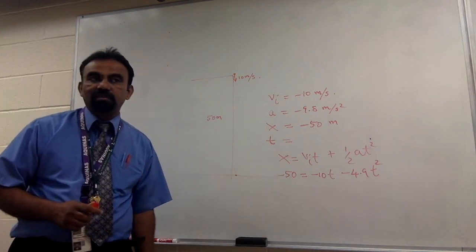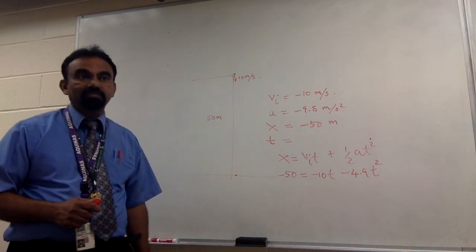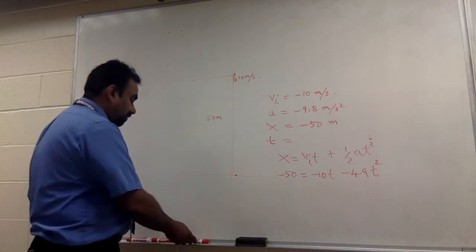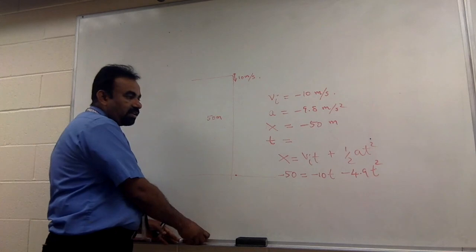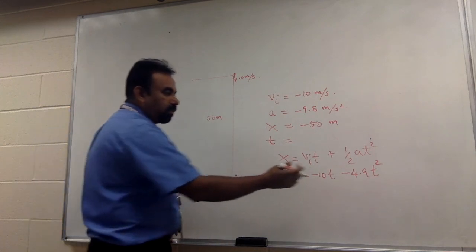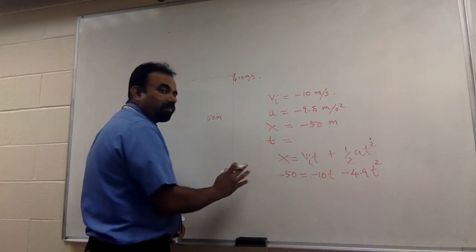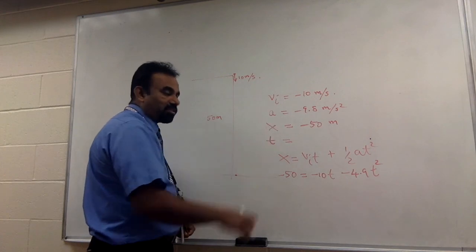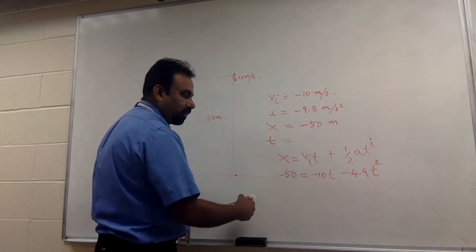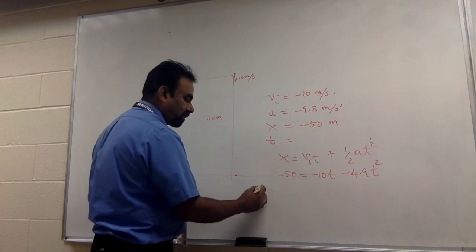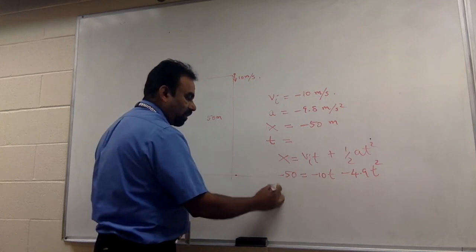You have to set it equal to 0. In other words, push all the variables to one side and leave the other side 0. So this is what happens when I add 4.9 t squared to both sides and add the other term to both sides. This is going to be the final equation.